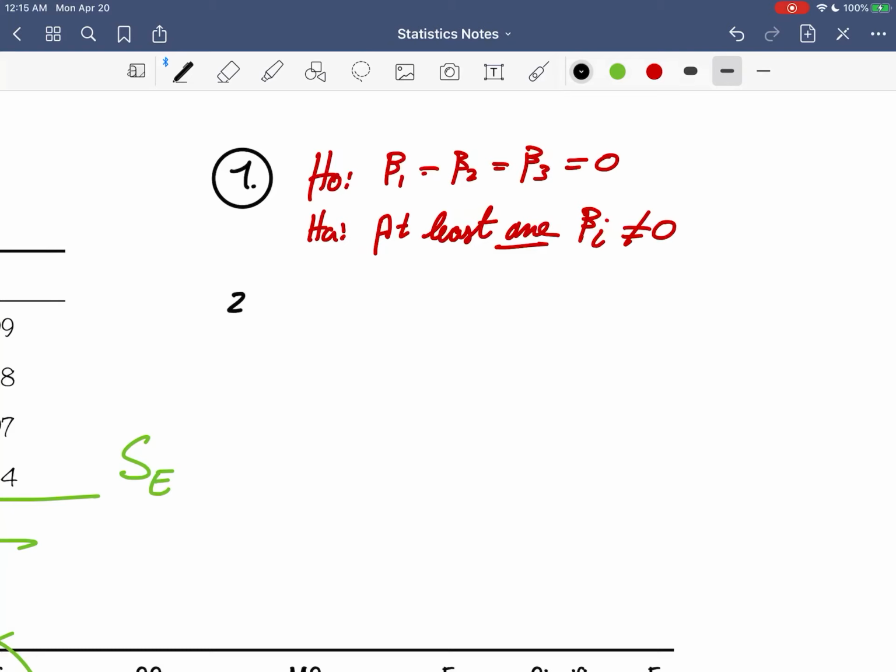Step 2, you're going to find the critical value. And so the critical value is going to be F alpha. This will always be a one-tailed test, so it's going to be F alpha, comma, D1 over D2. There's 2 degrees of freedom.